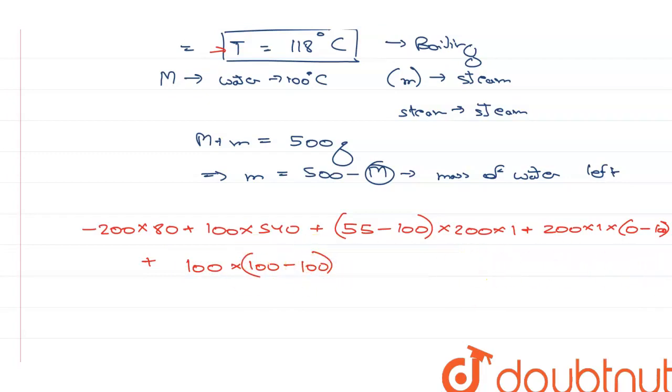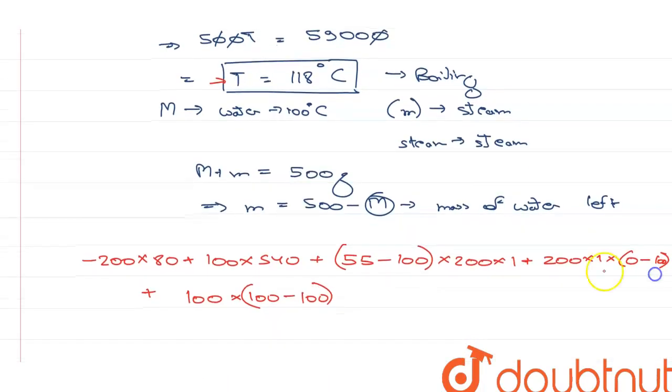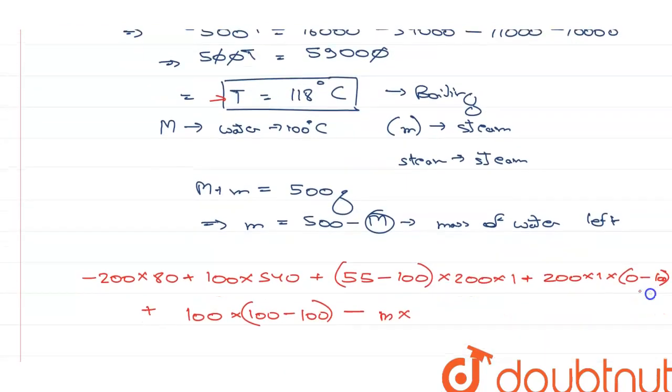So this term will turn out to be 0 eventually. And now I will add one more term. This term signifies the mass that is converted into steam. So the latent heat of vaporization 540. So small m into 540 is equal to 0.